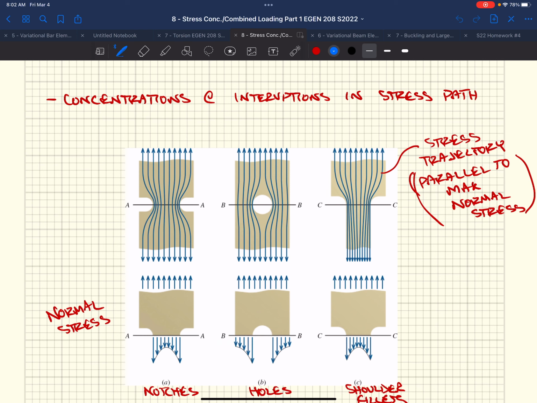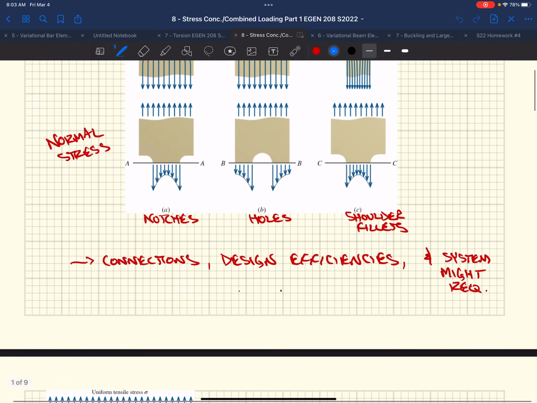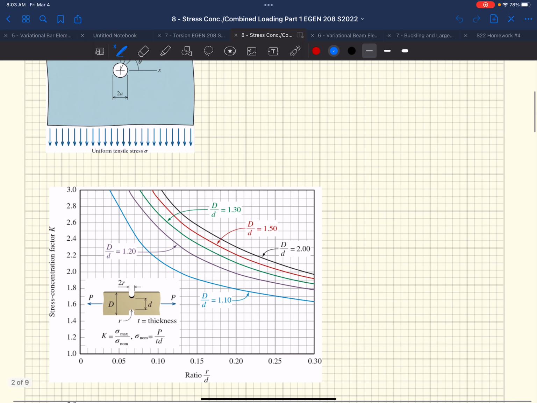But in reality, right, we have stress concentrations. We have to deal with the fact that we have to move stress around discontinuities or design components where we have holes or notches, or shoulder fillets, where we're changing the size of a member, okay? In this case, we round out our holes, as you'll see in our diagrams.